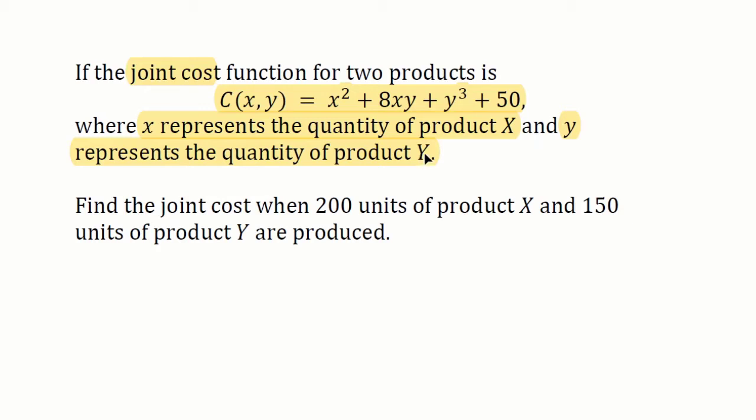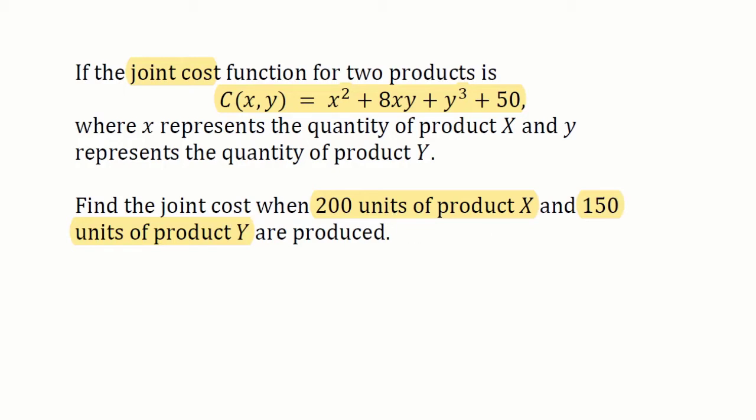Okay, and now I'm going to undo the highlight, just to keep the function highlighted. That's all it needs. So after the description, this question is asking to find the joint cost when 200 units of product x and 150 units of product y are produced.